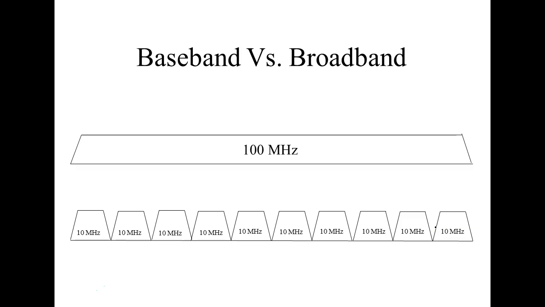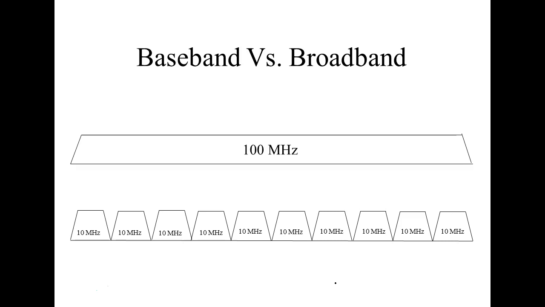So technically, baseband is time domain multiplexing. Broadband is what we call frequency domain multiplexing, and that's what y'all hear all the time, broadband. So this is what baseband does. When I get access to the media, if that media has 100 megahertz bandwidth available, then I get what? I get 100 megabits.